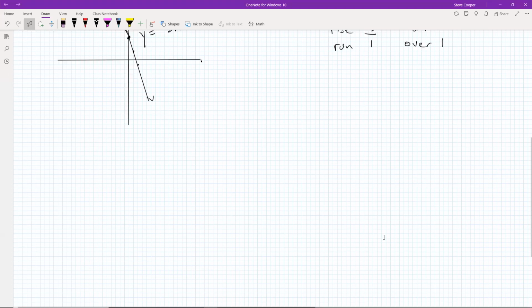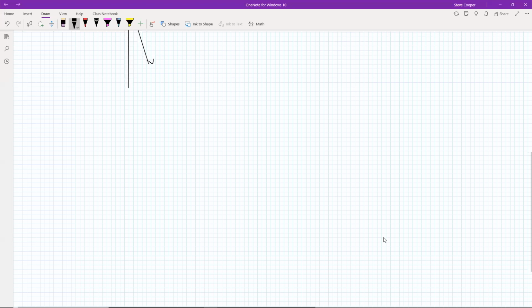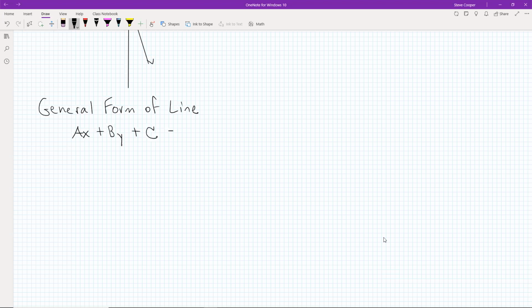Let's look at another form of a line. So this is called the general form of a line, and we actually just saw it. Okay, and it looks like ax plus by plus c equals 0.